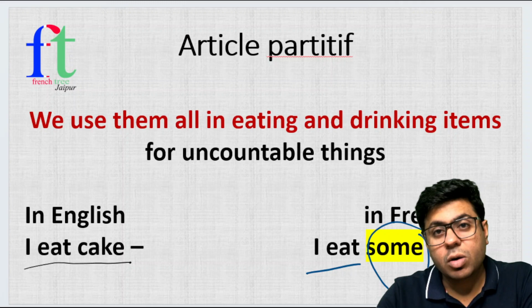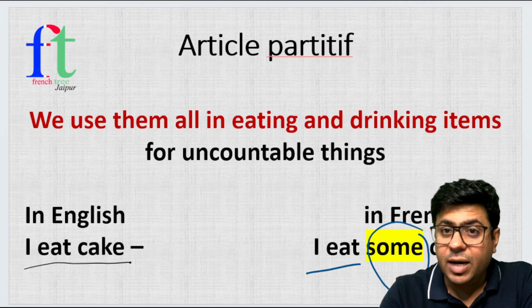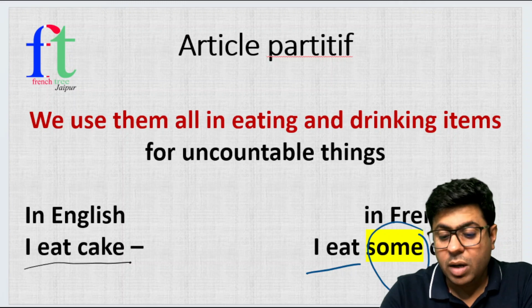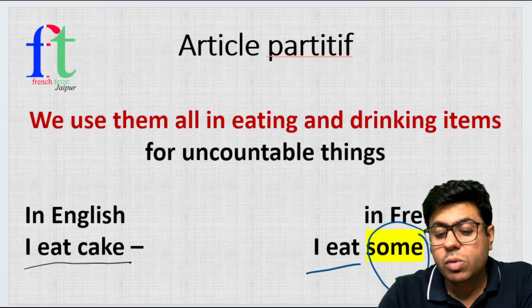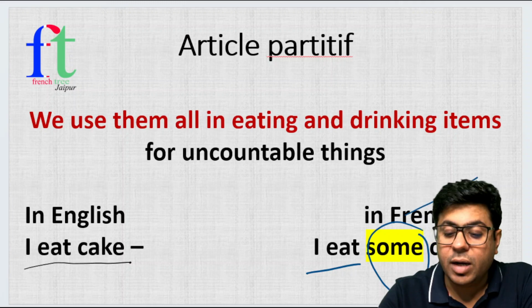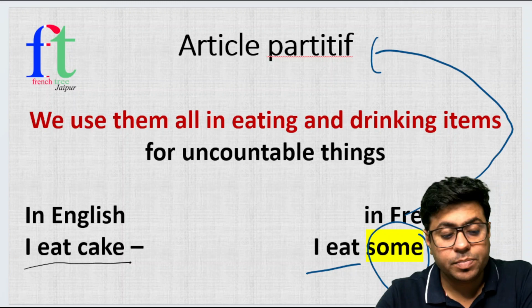You're getting it? In English, we say directly, for example, I drink some water. In French, we say the same thing, but before water, we have to use the grammar called article partitive. What is the article partitive and how are we going to use it? I explain in the next slide.